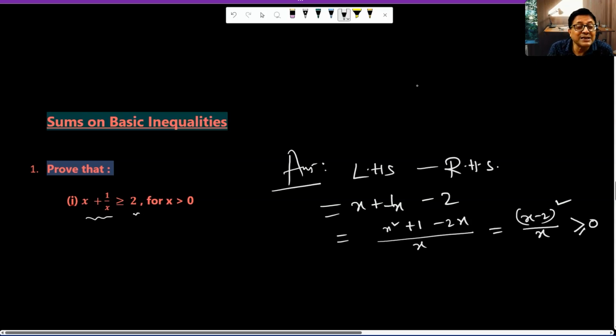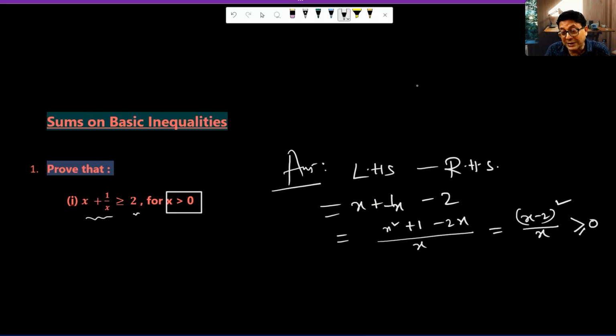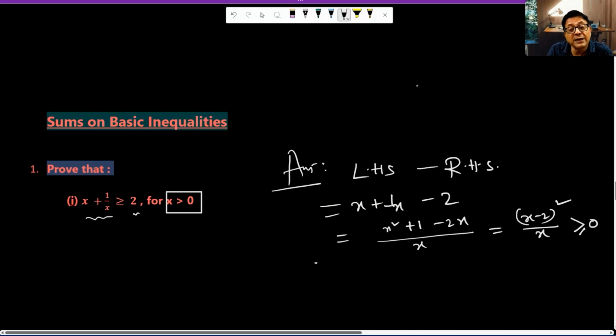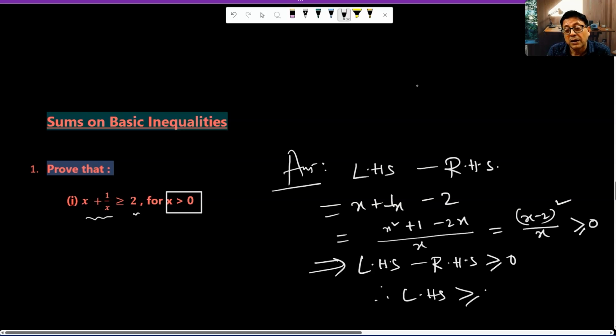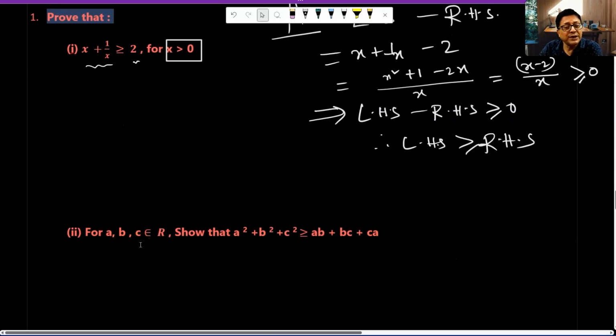Because you said x greater than 0, it means that x may be equal to 0 also, so we put greater than or equal to 0. So what does this imply? This implies LHS minus RHS is greater than or equal to 0. Therefore, alright, you understand? Let us go for the next one.